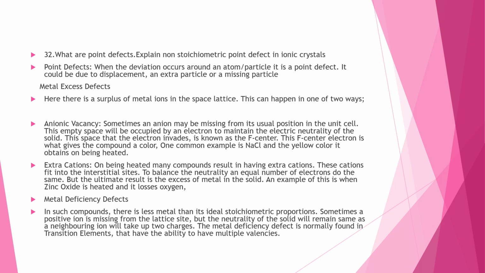Then point defects and explain the non-stoichiometric defects in crystals. Point defects: when a deviation occurs around an atom or a particle at a particular point, that is called a point defect.